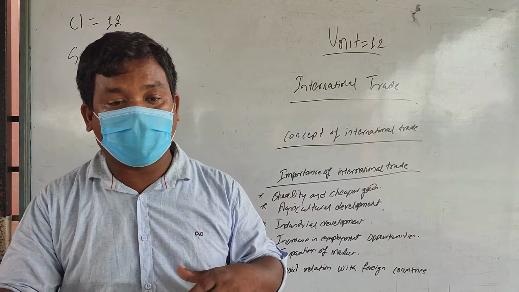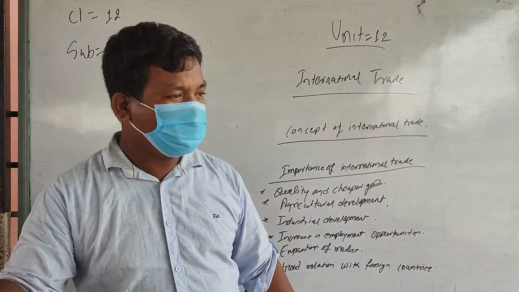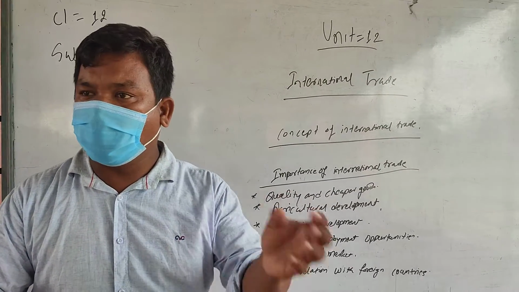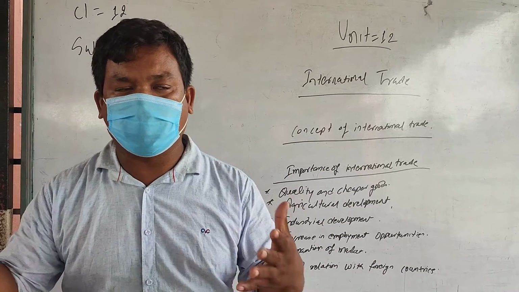That large market they can only achieve with the help of international trade, because the goods and services which are produced in Nepal, if they are sold only within Nepal, don't get enough market for expansion, growth and development.